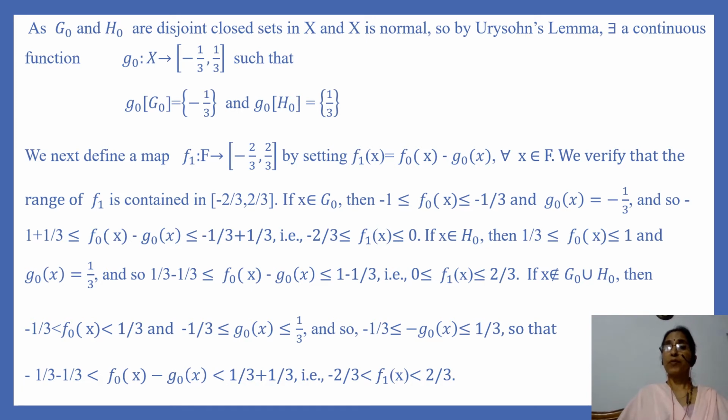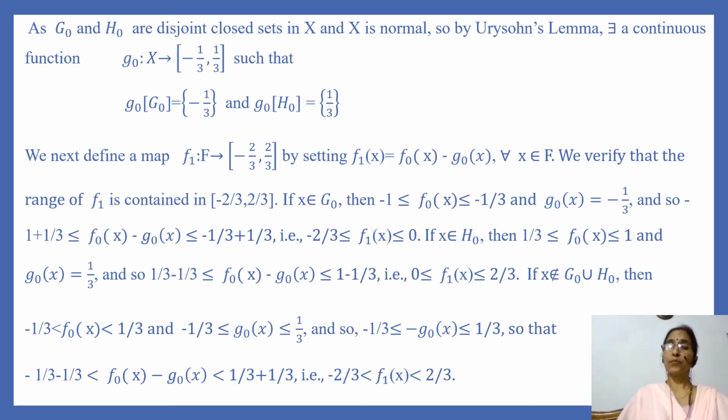We are taking images of g naught as the left end point of the interval, that is -1/3, and images of elements of h naught under g naught are equal to the right end point of the closed interval, that is 1/3.